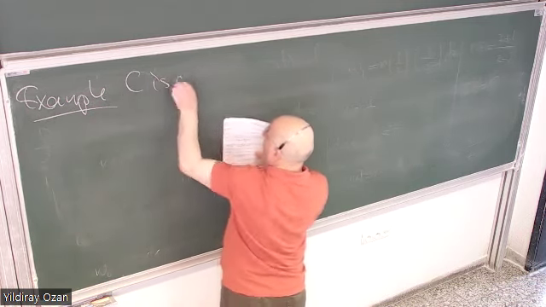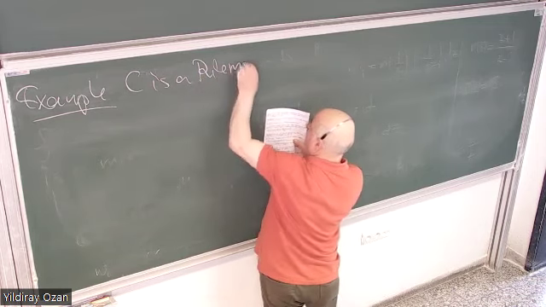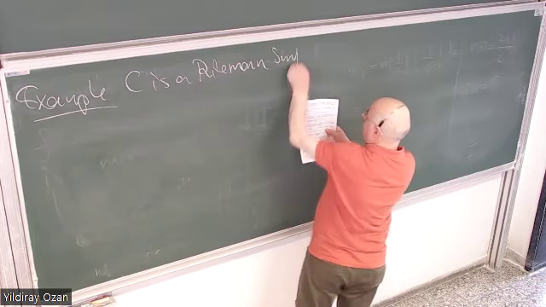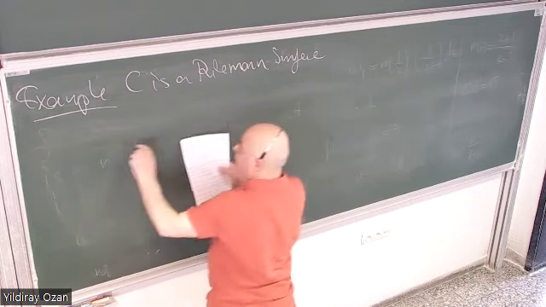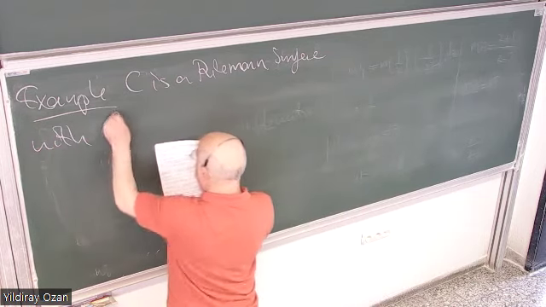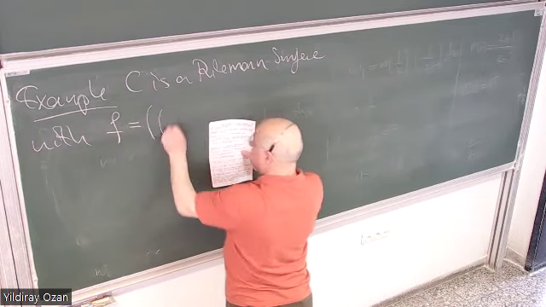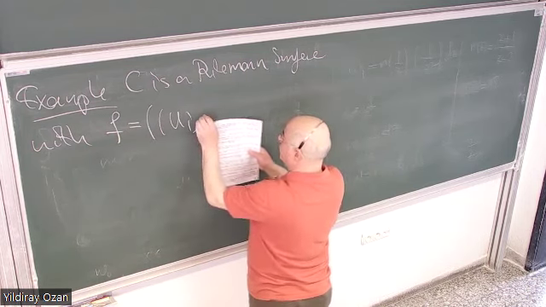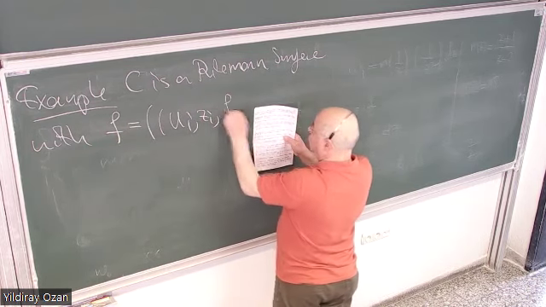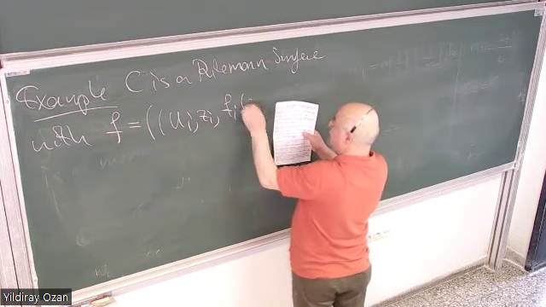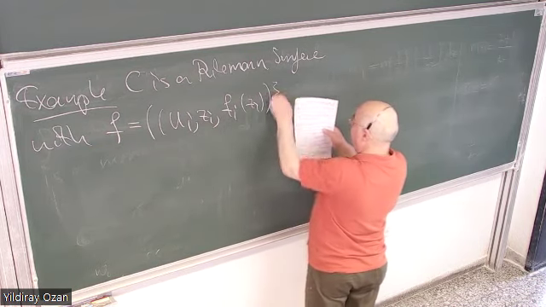Example. Again, C is a Riemann surface, with F. F is a meromorphic function defined on each coordinate system like this.